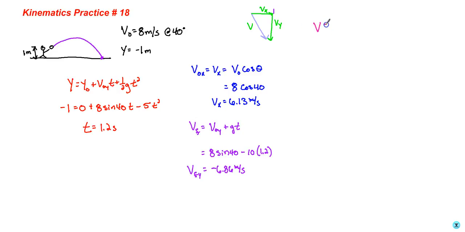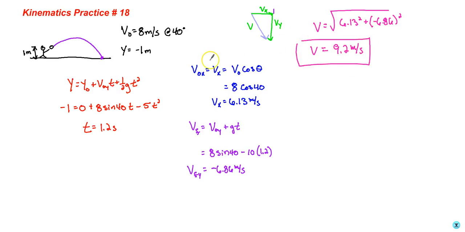So v is equal to the square root of 6.13 squared plus negative 6.86 squared. And we find that it has a magnitude of 9.2 meters per second. So that would be part A.